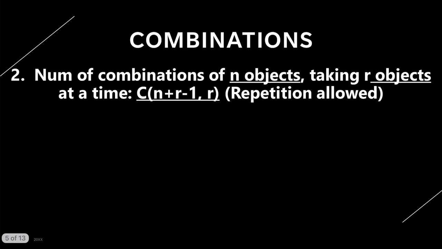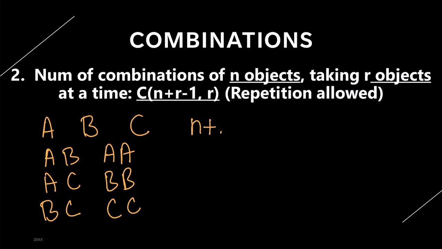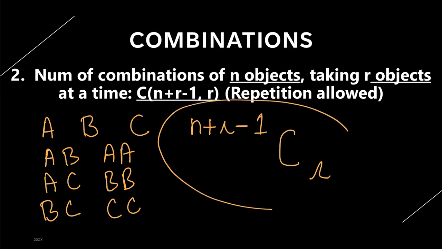Moving on. If repetition is allowed, suppose A, B, C is given to you: AB, AC and BC are fine. AA is also one of the cases. BB is also allowed. CC is also allowed. So when such repetition of letters is allowed, our formula is (n plus r minus 1) C r. That's the difference.